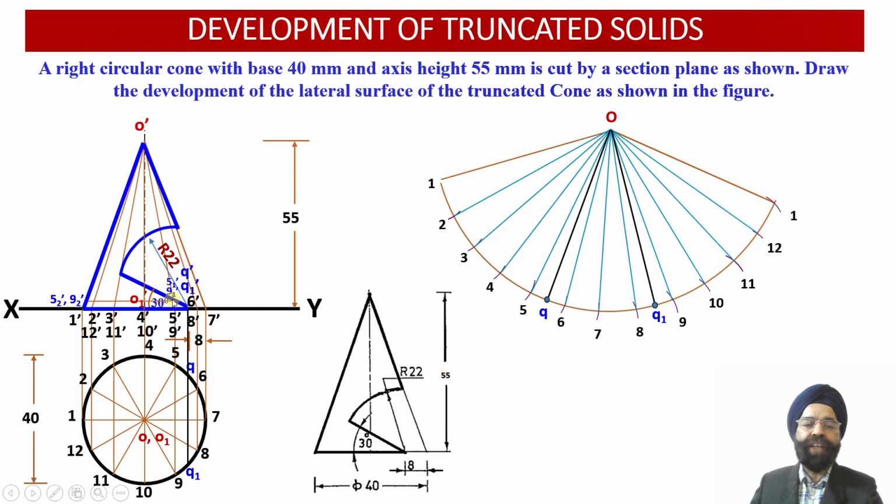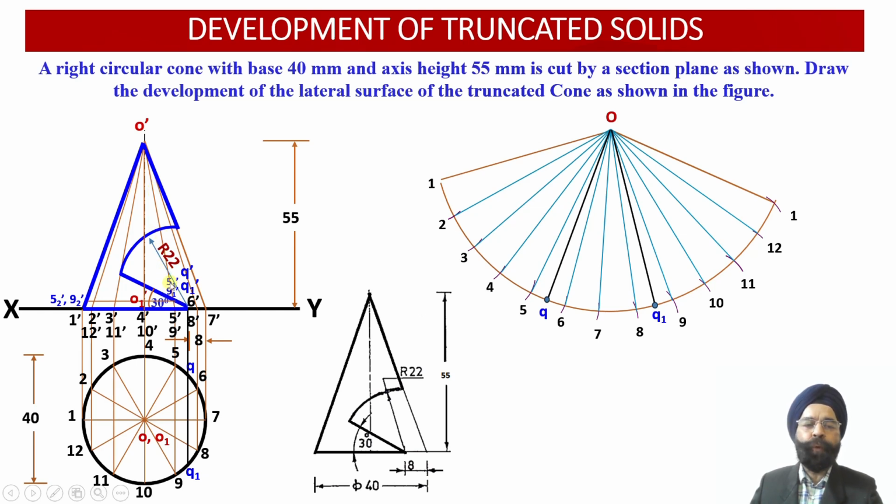Now the next 2 points of intersection corresponding to the straight line auxiliary inclined plane happen to be 5 1' and 9 1'. So these 2 points, 5 1' and 9 1', happen to be the points of intersection corresponding to the intersection by this auxiliary inclined plane with the apparent lengths of the slant generators O'5' and O'9' over here.